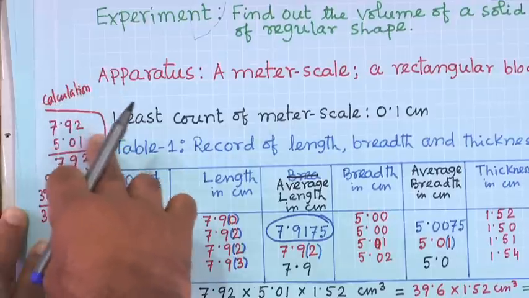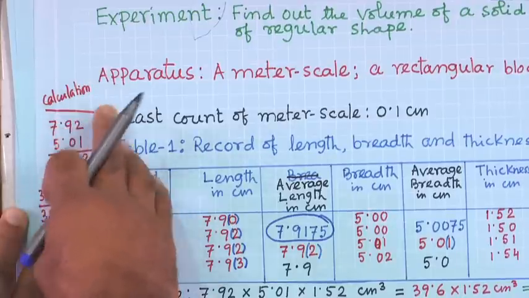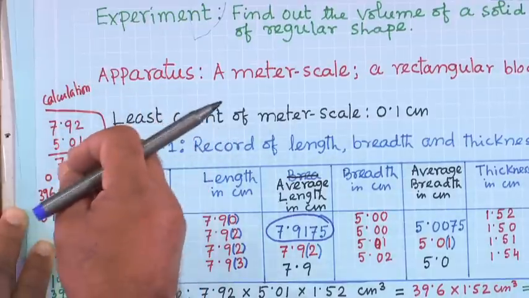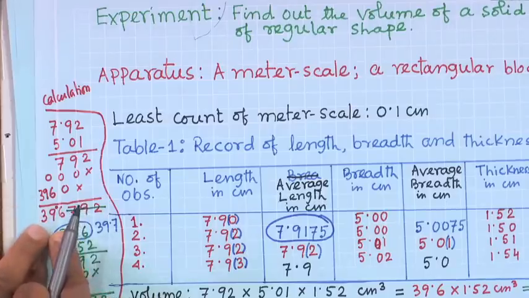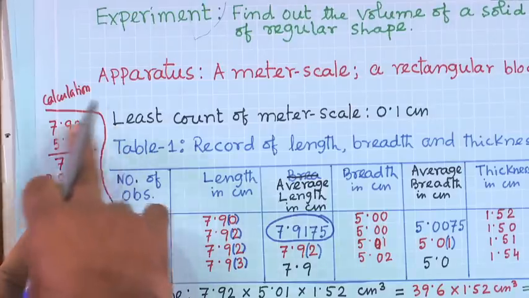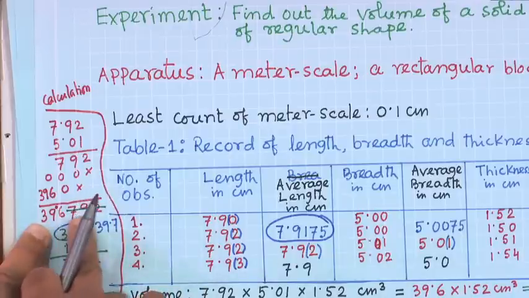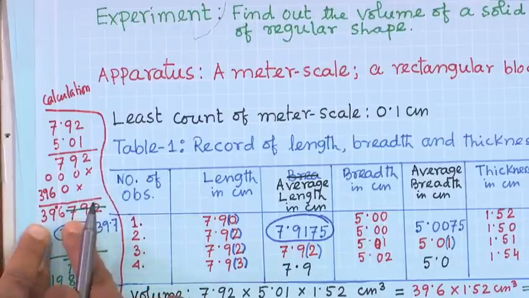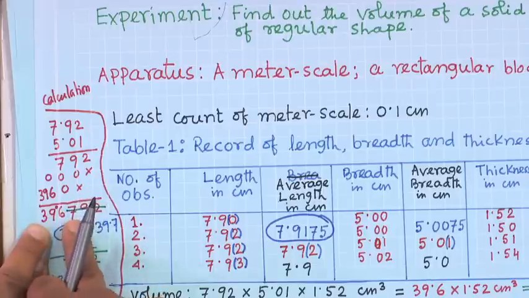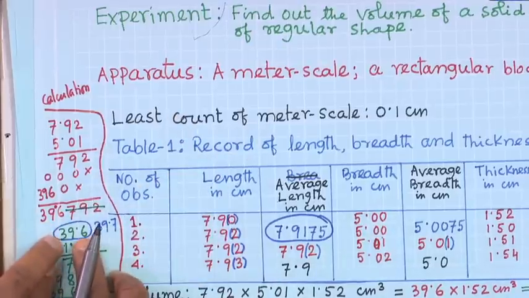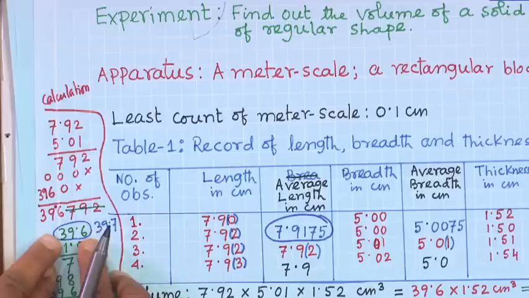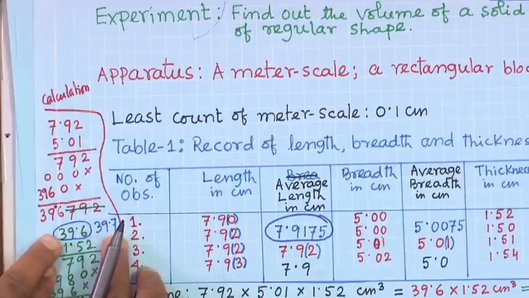If one of them had 2 digits, then the smaller figures would be 2, and after multiplication you could keep up to 2 digits. Here since it is 3, you can keep 3. So, I have kept 39.6. Now, 6 is followed by 7, so in principle it should be 39.7. I have taken 39.6 by mistake, but it should be 39.7.